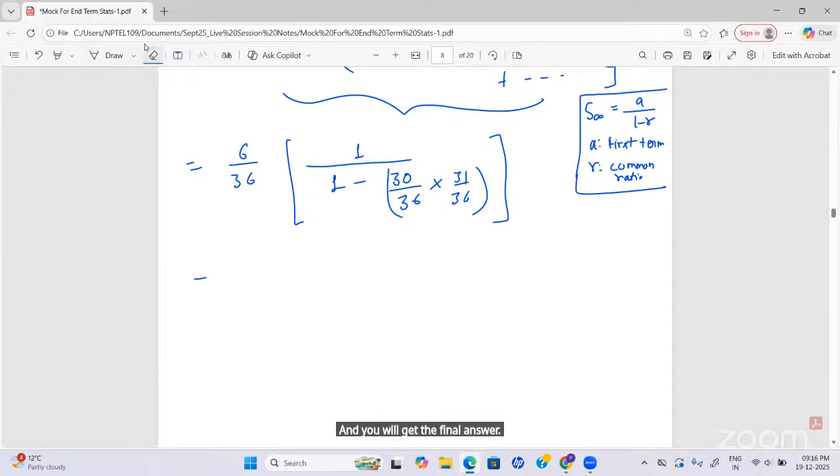Just solve and tell me what is the value of this thing. I got 0.59 and more decimals.